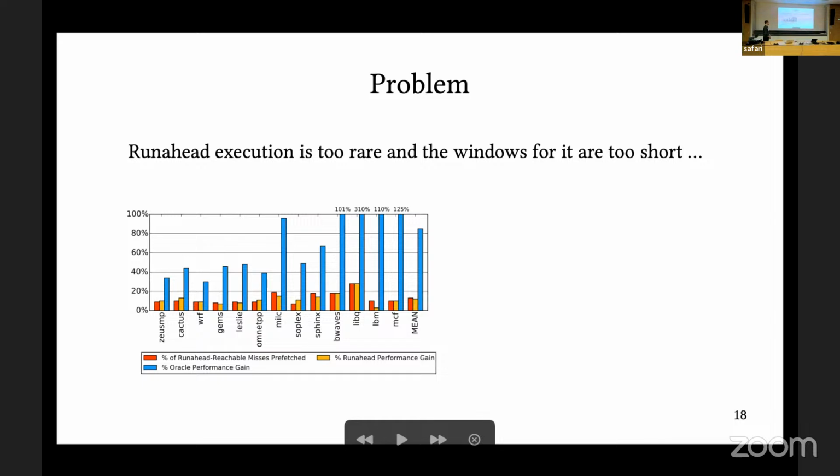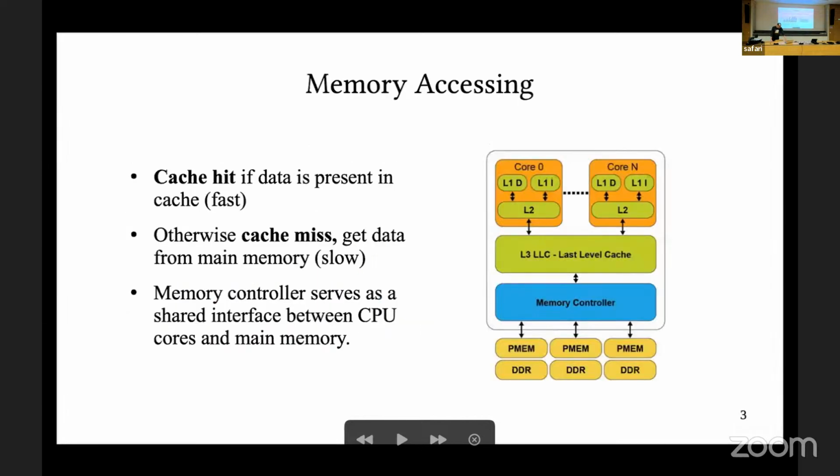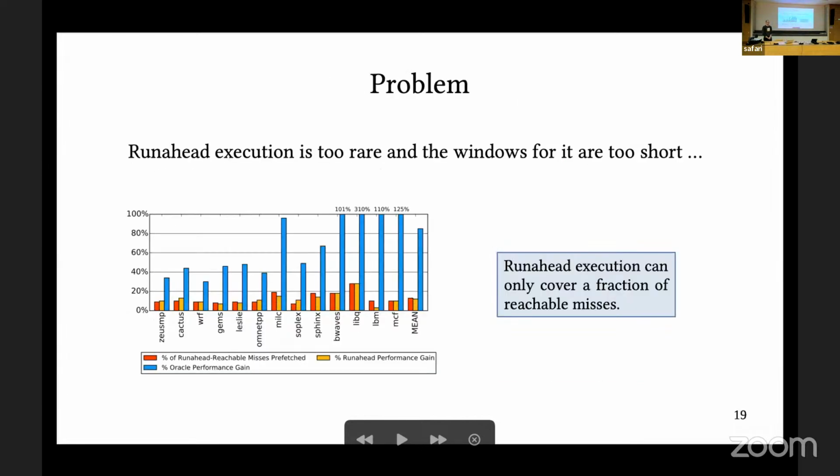And the blue and the yellow bars compare the possible performance gain over what we actually observe. So we're missing out, because we cover only a fraction of the misses we could.